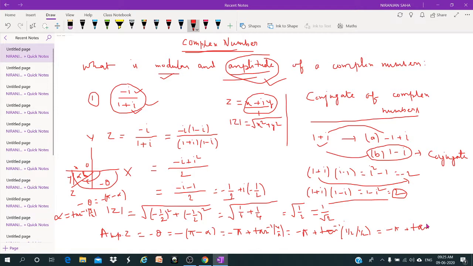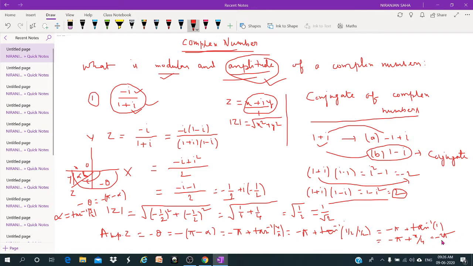Tan inverse 1, which value gives the tangent function 1? Pi by 2. Sorry, pi by 4. So this will be minus pi plus pi by 4, so it will be equal to minus 3 pi by 4.